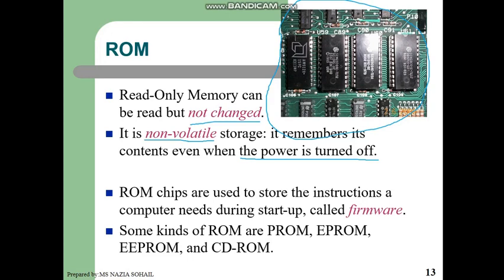ROM chips are used to store the instructions a computer needs during startup, called the firmware. Some kinds of ROM are PROM, EPROM, EEPROM and CD-ROM. We will study these later.